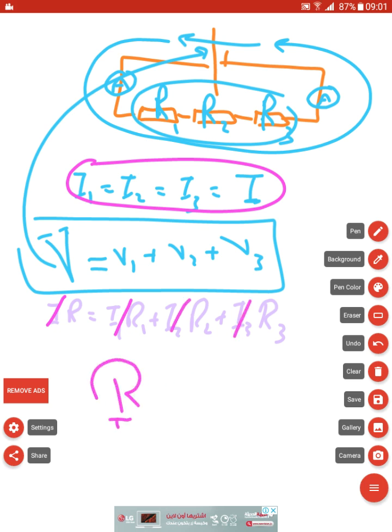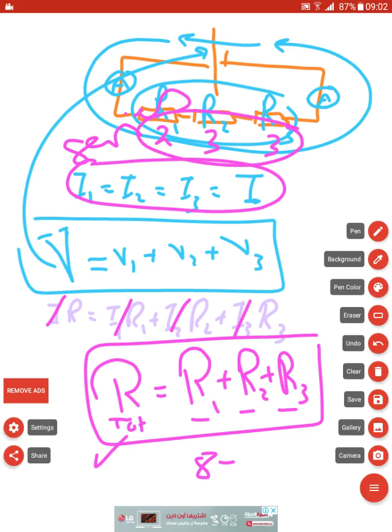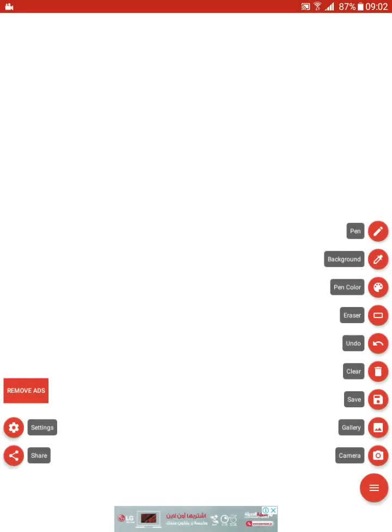So the total resistance for resistors connected in series is the sum of the resistors themselves. The total resistance in series is larger than the largest resistor. If we have 2 ohm, 3 ohm, 3 ohm, the total resistance is 8 ohm, which is larger than the largest resistor, 3, because this is a series connection.